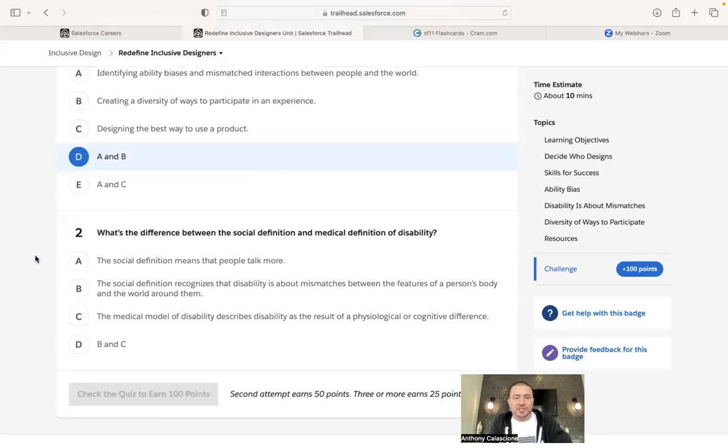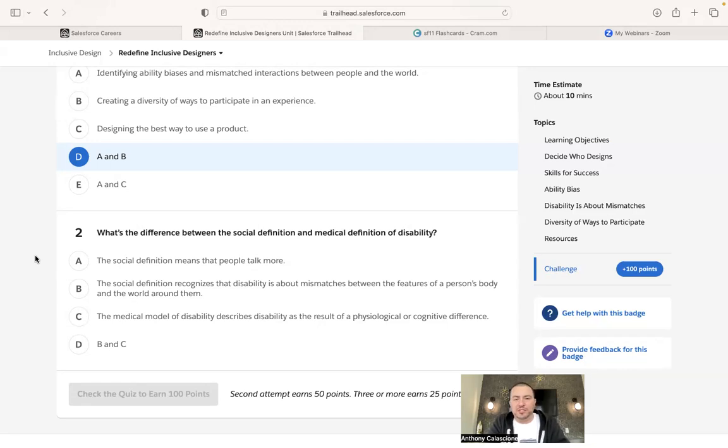What's the difference between the social definition and medical definition of disability? A: The social definition means that people talk more. B: The social definition recognizes that disability is about mismatches between the features of a person's body and the world around them. I like B. C: The medical model of disability describes disability as a result of physiological or cognitive difference. So that's kind of funny.